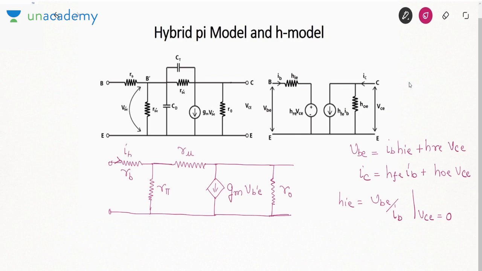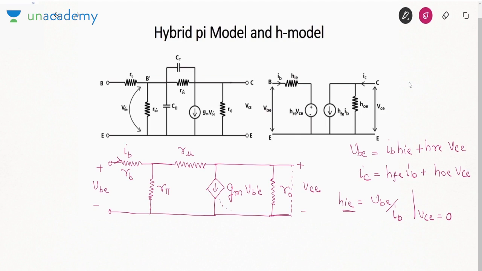This is your IB. This is your VBE. This is your VCE. Now, if I want to derive hie for the circuit that I have drawn, what I have to do is short circuit VCE. If I short circuit VCE, r0 will be shorted.